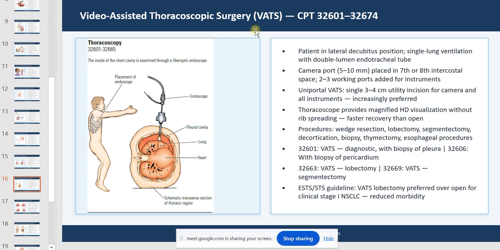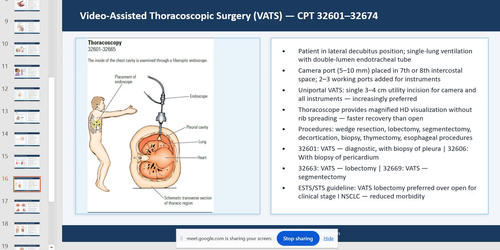Thoracoscopy is just like laparoscopy. This endoscopy, if you're doing it in the thorax, chest region, that is called thoracoscopy. The same endoscopy, if you're doing it in the abdomen, is laparoscopy. Laparotomy, laparoscopy. Thoracotomy, thoracoscopy. That's how it is basically.